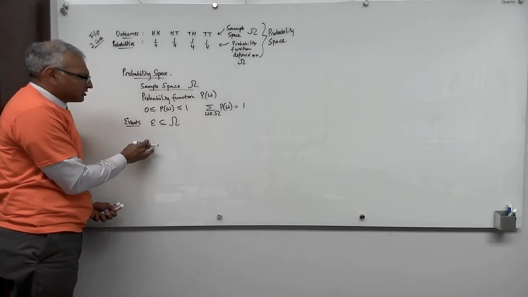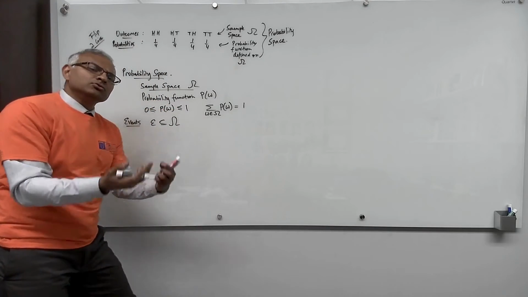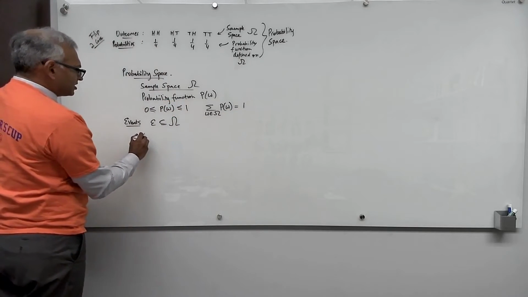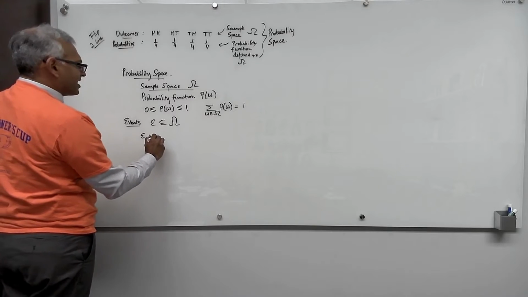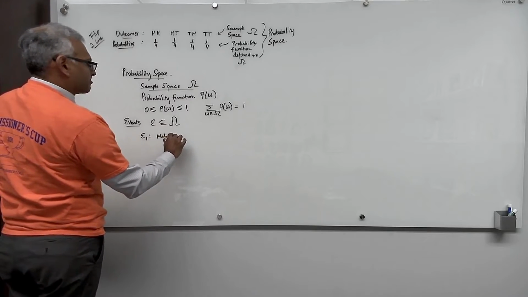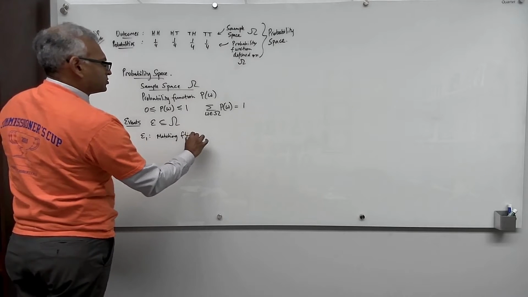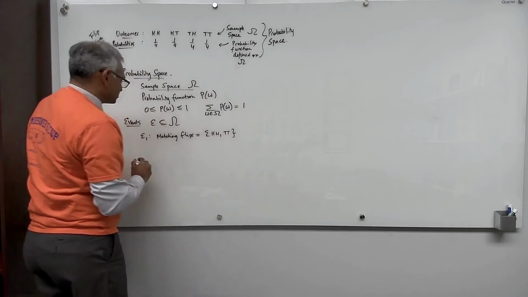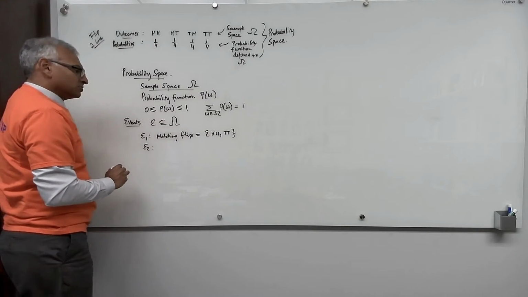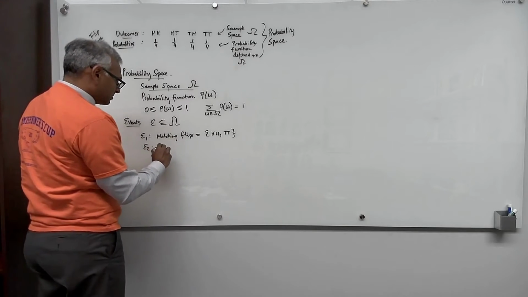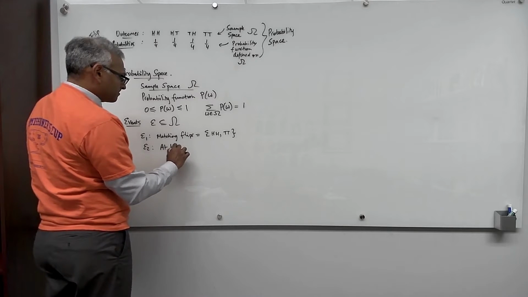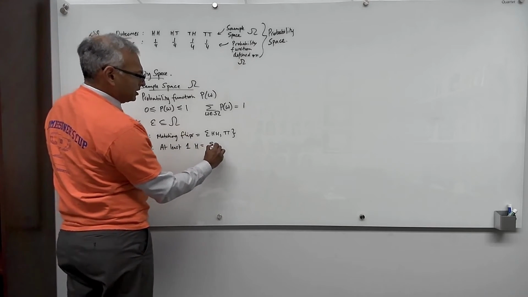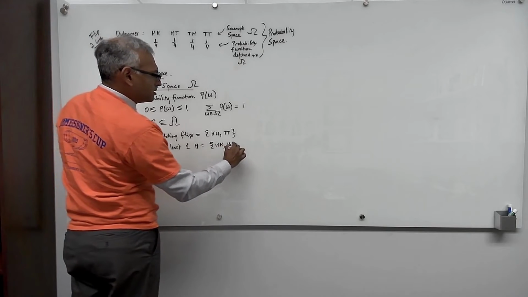Because an event is a subset, you can do the things to events that you could do to sets. For example, consider the event E1 that you have matching flips. This consists of the outcomes HH and TT. Let's consider the event E2 that you have at least one head. This consists of the outcomes HH, HT, TH.